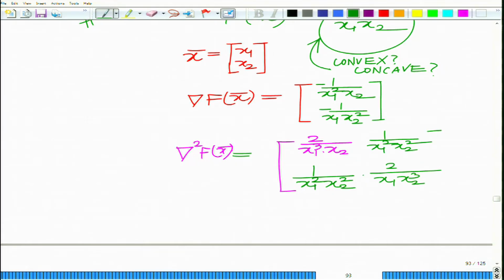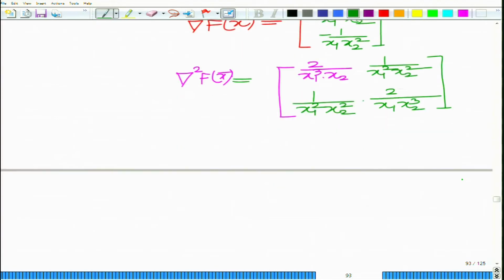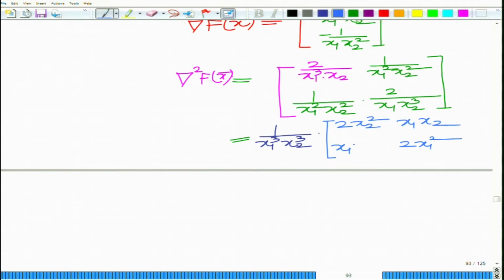Now we can simplify this by bringing 1 over x1 cube x2 cube outside, times the matrix with entries twice x2 square, x1 x2, x1 x2, twice x1 square.